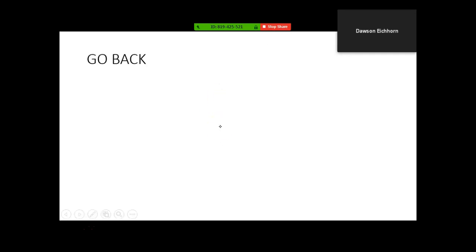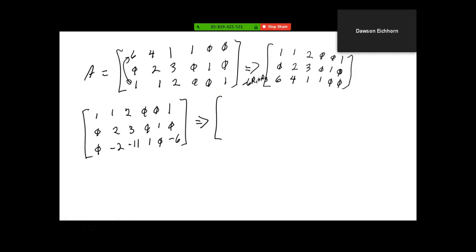It's going to be a mess when we get to whatever comes next, but let's do that first. 1, 1, 2, 0, 0, 1, 0, 2, 3, 0, 1, 0.